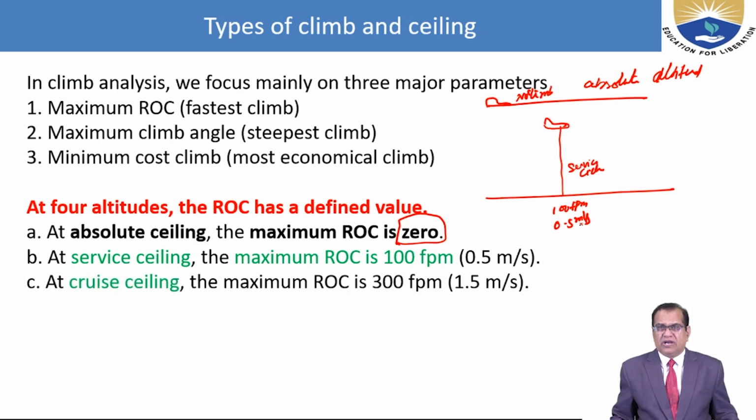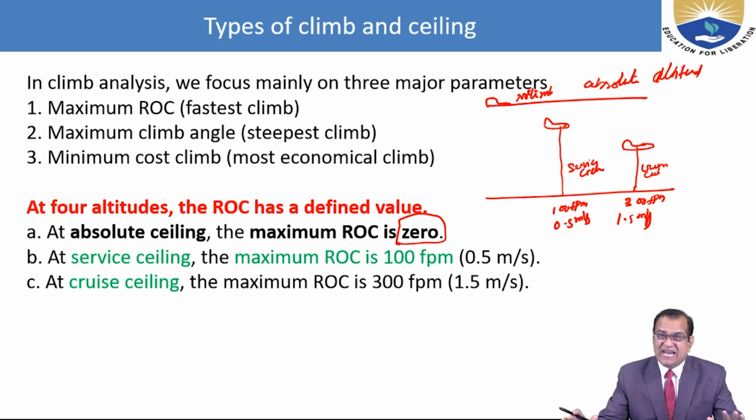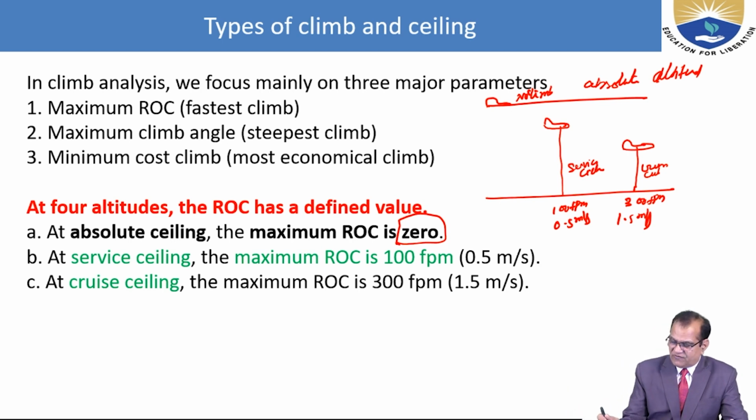At cruise ceiling, somewhat lesser height, this is the cruise ceiling. It will have 300 feet per minute or 1.5 meter per second. So the cruise ceiling is that height where your aircraft will have a climb rate of 300 feet per minute or 1.5 meter per second.